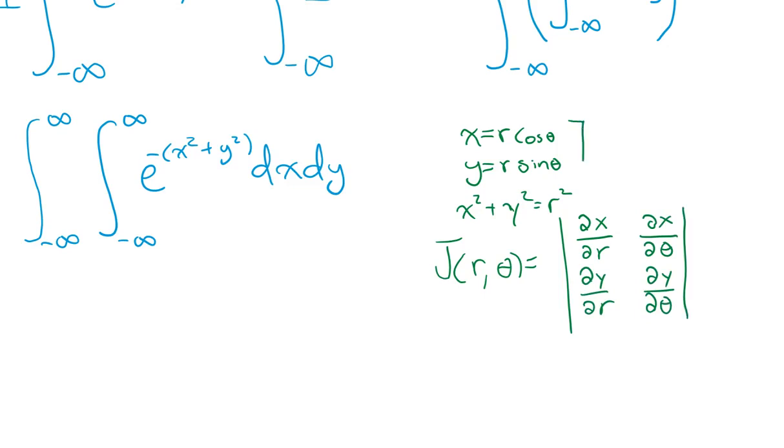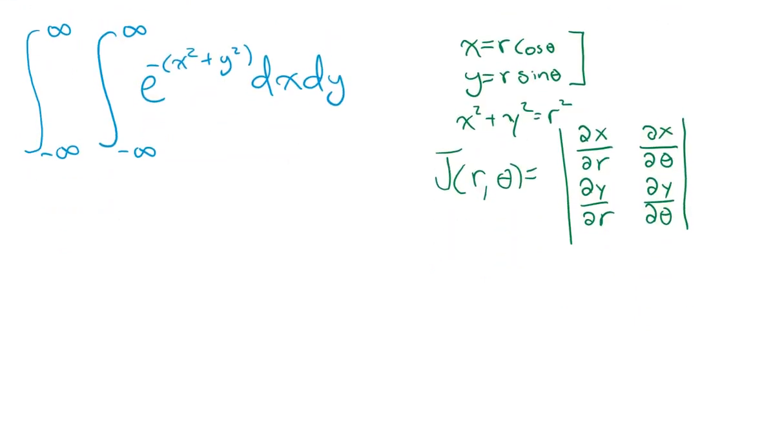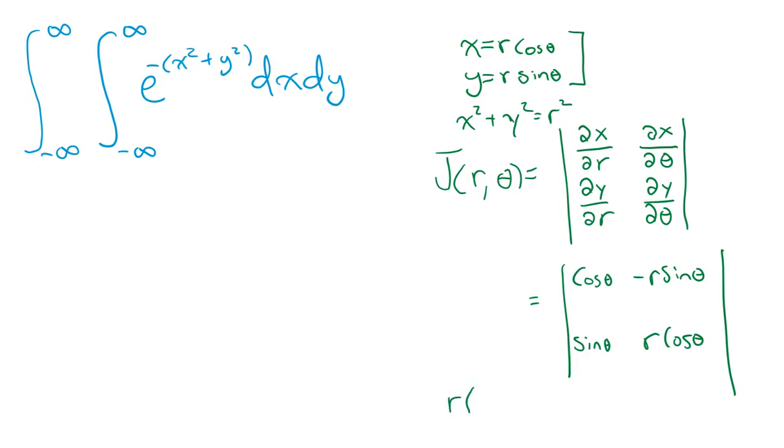Now using these two formulas here, we can quickly plug in these partial derivatives. So partial x partial r is equal to cosine theta, partial x partial theta is minus r sine theta, partial y partial r is sine theta, and partial y partial theta is r cosine theta. Now if we calculate the determinant of this matrix, that will be r cosine squared theta, and then minus a negative will be plus r sine squared theta.